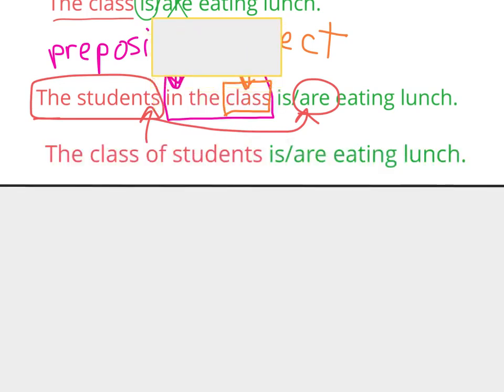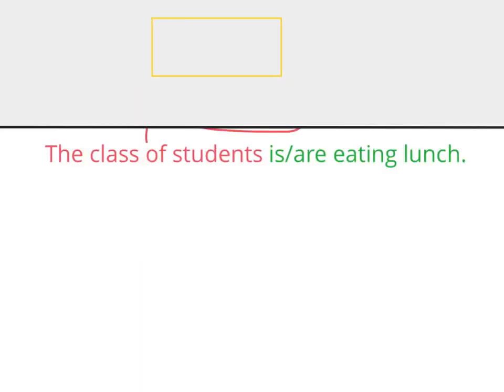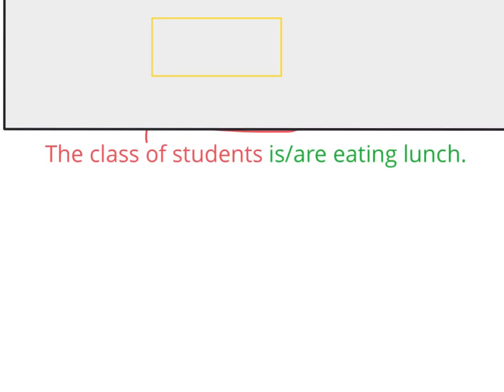And for our last one, the class of students. Let's go like this. The class of students. So here we can say, oh, of is a preposition, which means we have to find the object. There's the noun. That's the object of the preposition, and these two words together are the prepositional phrase, so they cannot be the subject of the sentence.